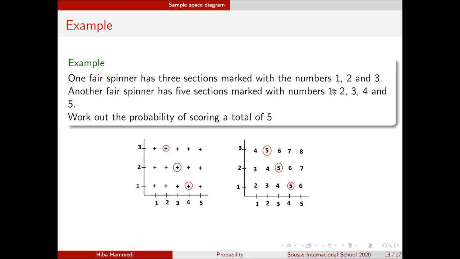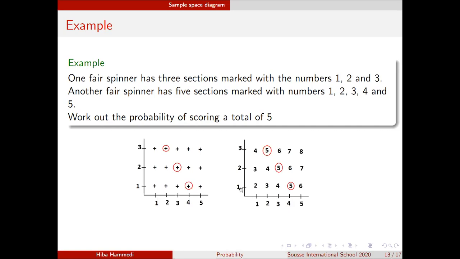Now, I know that we already have the sample space diagram here, but a very good way to represent this particular outcome is that I actually write the sum of the outcomes.